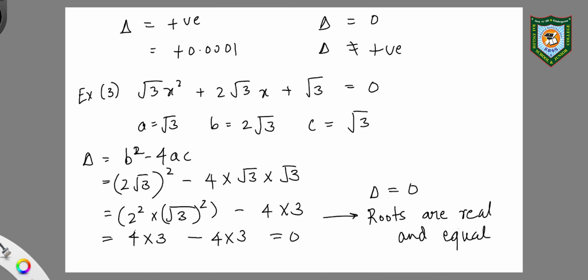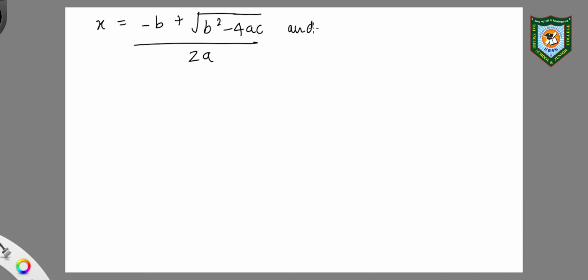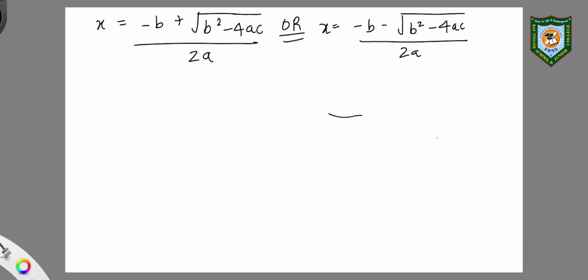Now, once we have done this, we'll be moving on to the relation between roots of a quadratic equation and their coefficients. So, as we know that x is equal to minus b plus under root b square minus 4ac divided by 2a, or you can write x is equal to minus b minus under root b square minus 4ac divided by 2a.